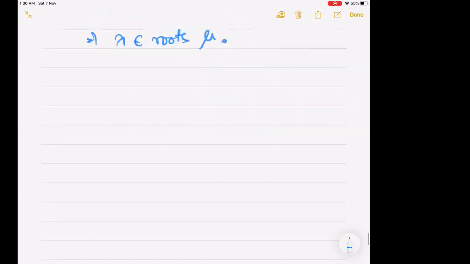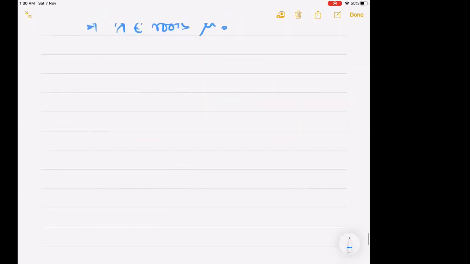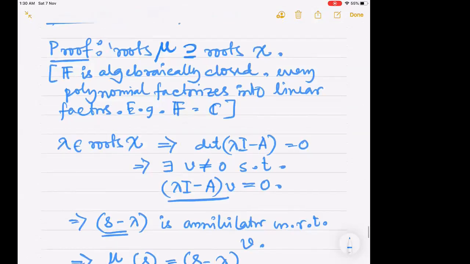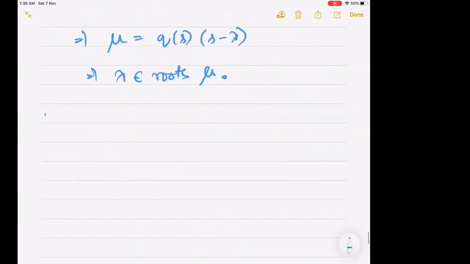Now the other direction. Where did we write? Yes, this is what we proved. What we would like to prove now is the other way around: roots of mu is contained in roots of chi, which means we have to prove that the roots of mu are in fact eigenvalues. How do we do that?